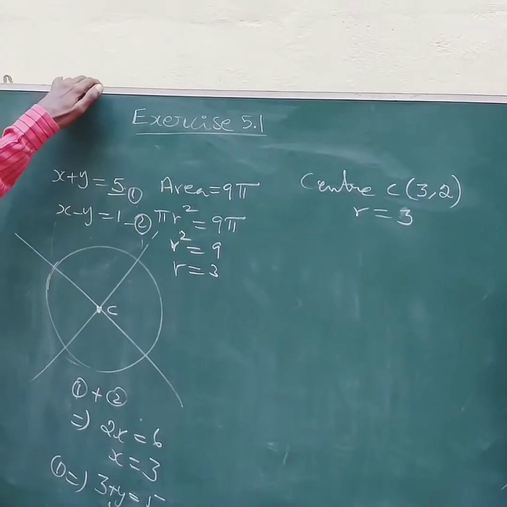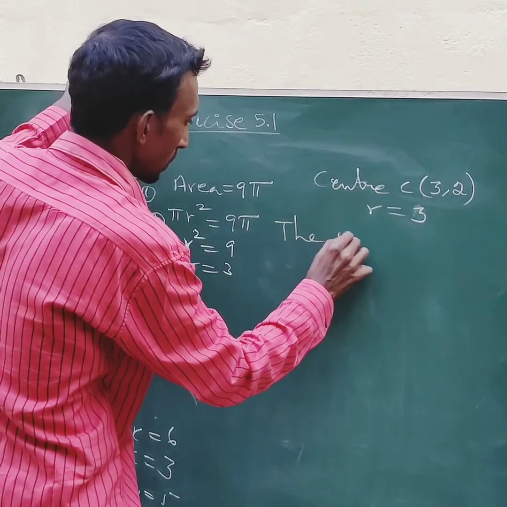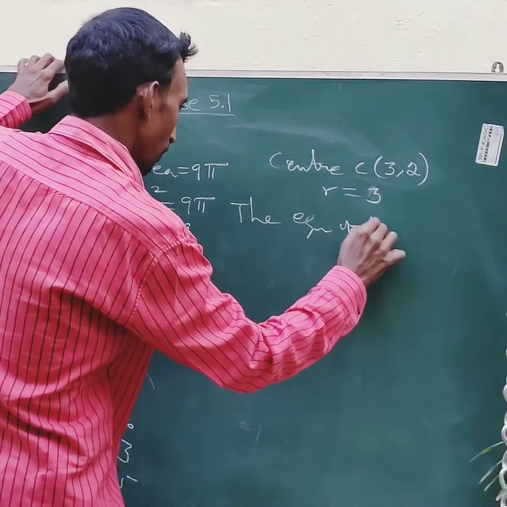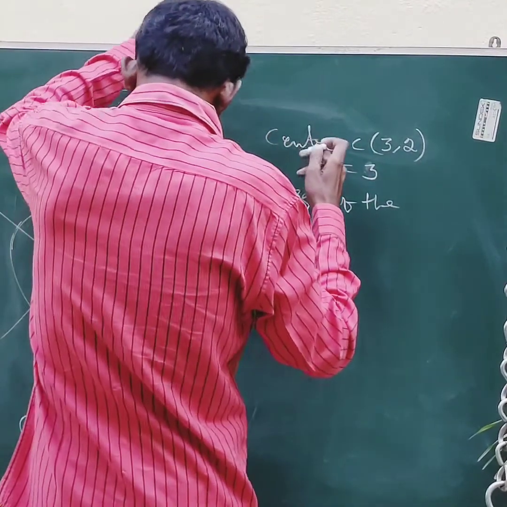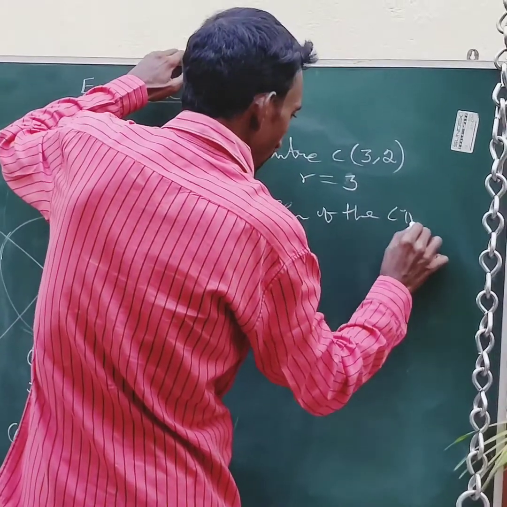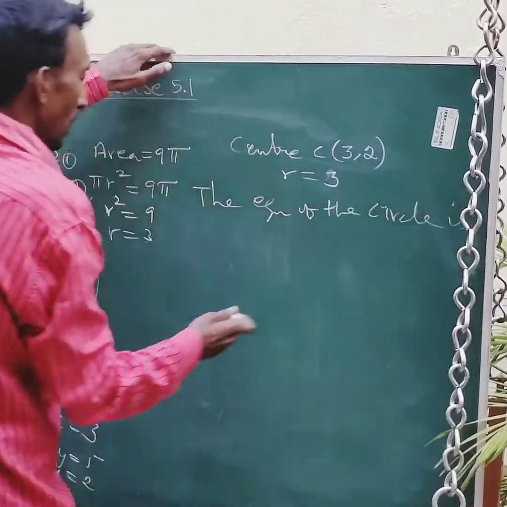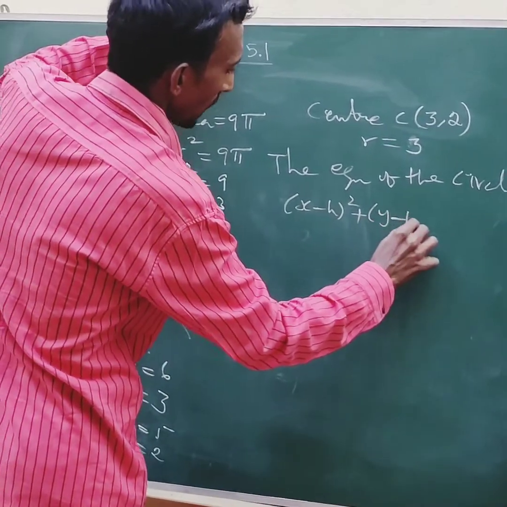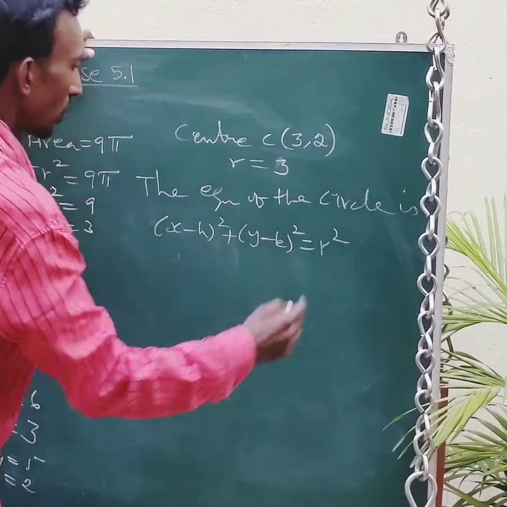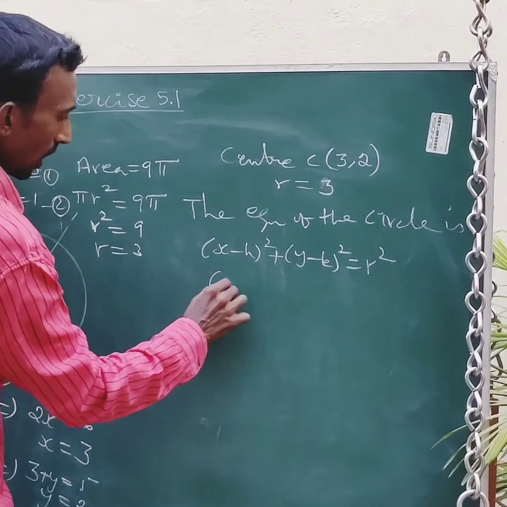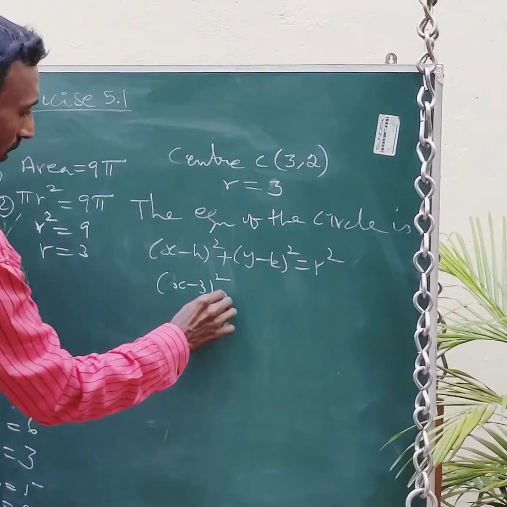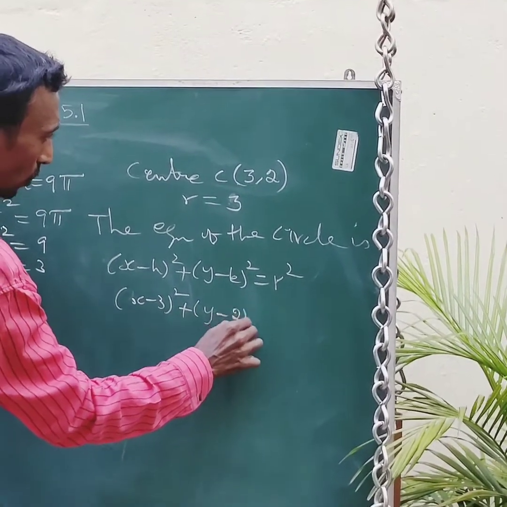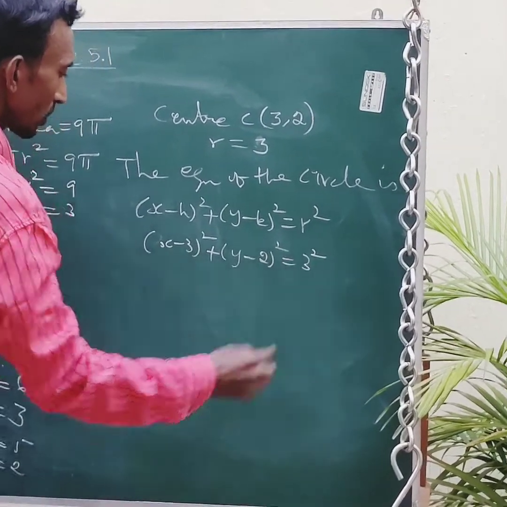The equation of the circle is x minus h the whole square plus y minus k the whole square equal to r square. Put in the values: x minus 3 the whole square plus y minus 2 the whole square equal to 3 square.